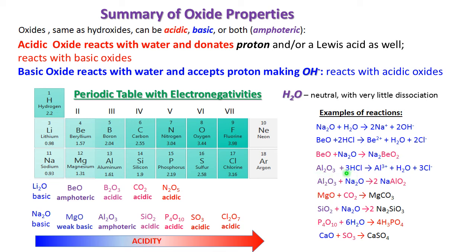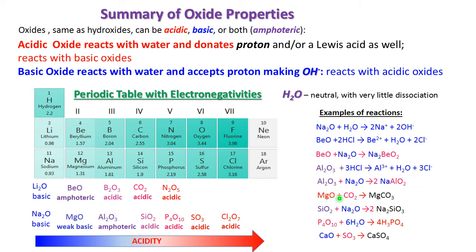Aluminum oxide, similar to beryllium, reacts with HCl to make aluminum ions, chloride ions, and water, so making aluminum trichloride salt. On the other hand, aluminum oxide can react with sodium oxide to make sodium aluminate. So aluminum and beryllium are amphoteric.